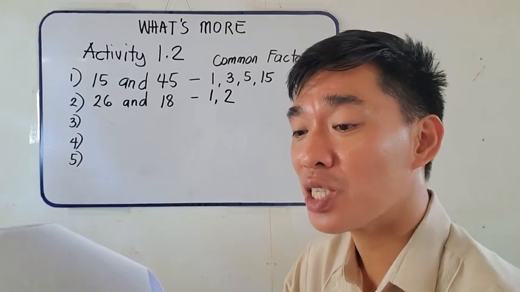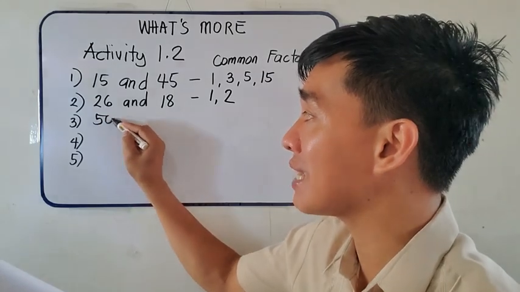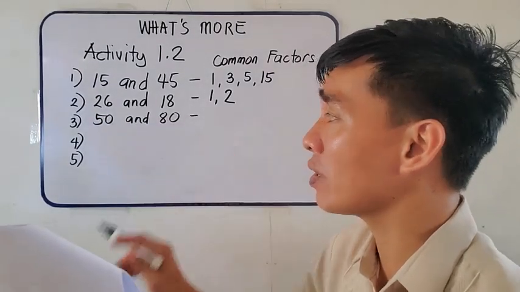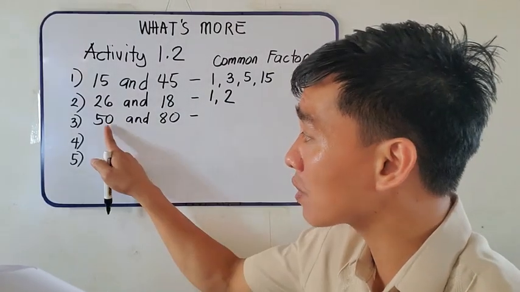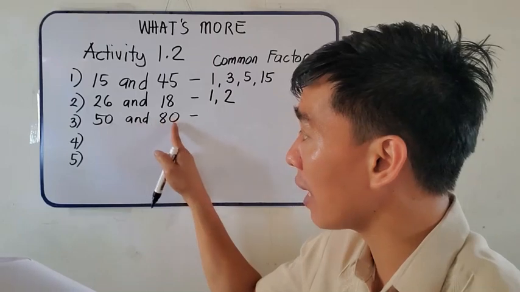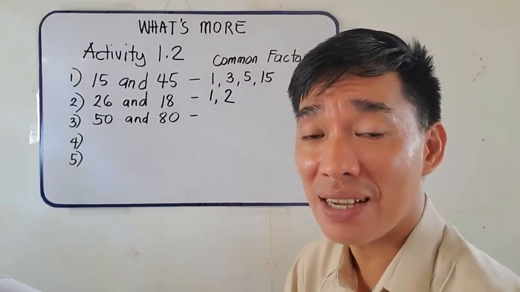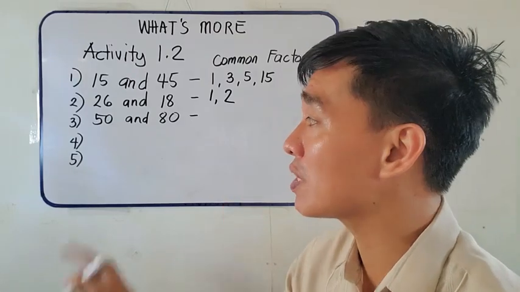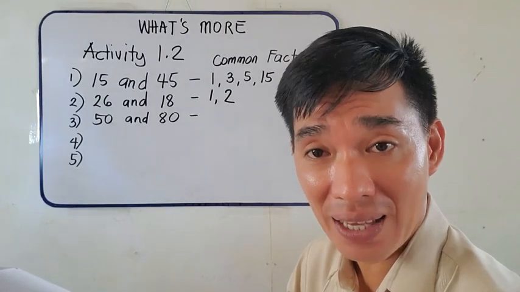Now let's proceed to item number 3. For item number 3, that's 50 and 80. Now let's see what the common factors of 50 and 80 are. Obviously, they end with 0 and 0, so both numbers are divisible by 10. And always remember and take note that if a number is divisible by 10, it is also divisible by 5.